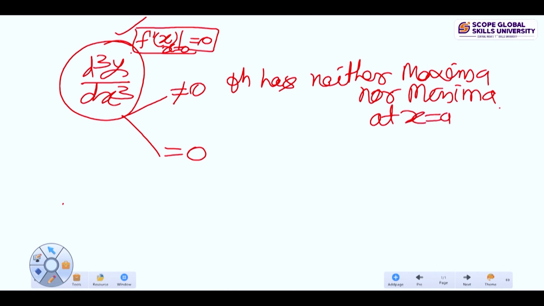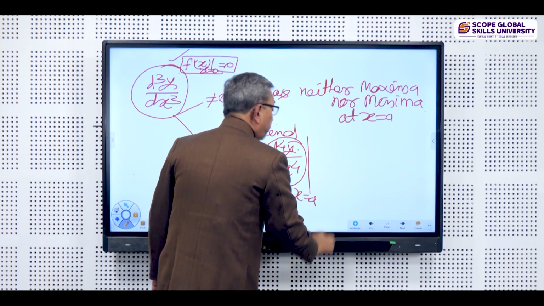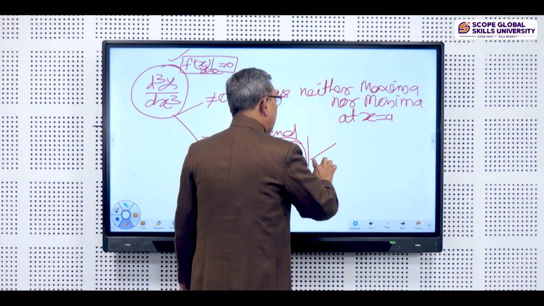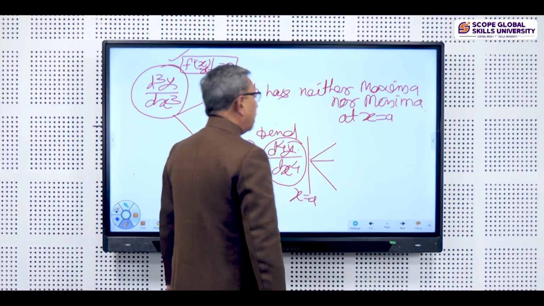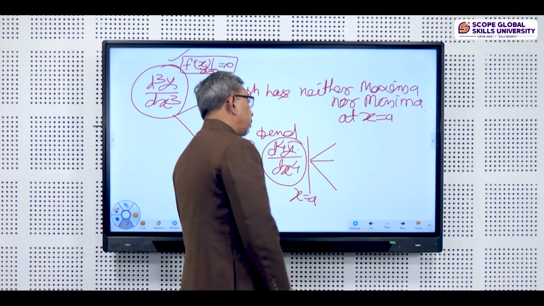And if it is 0, then again go ahead for a higher order derivative, that means find the fourth derivative of the function, and on the basis of the value of this fourth derivative at that particular point x is equal to a, examine the nature of the function similarly as the second derivative check.